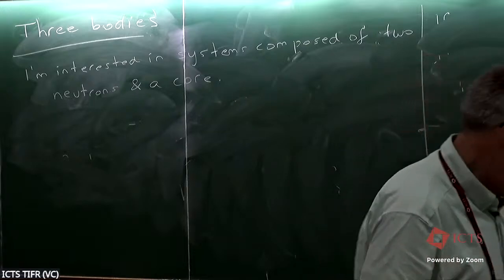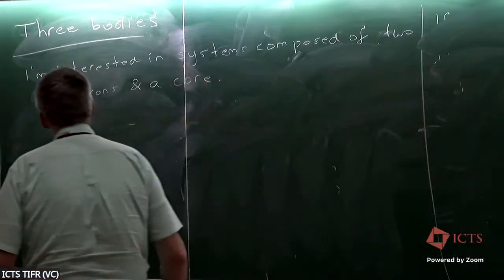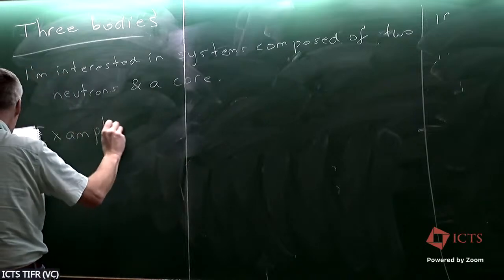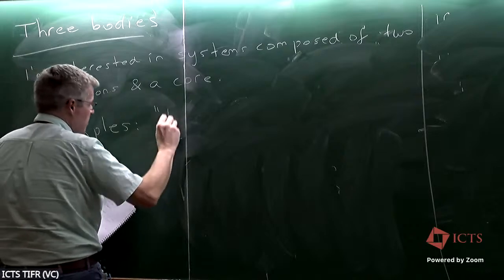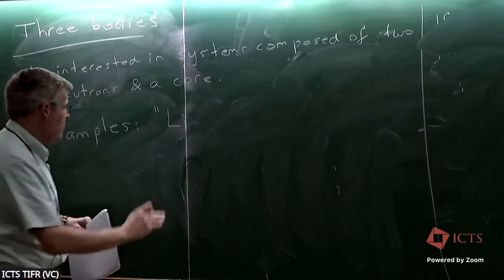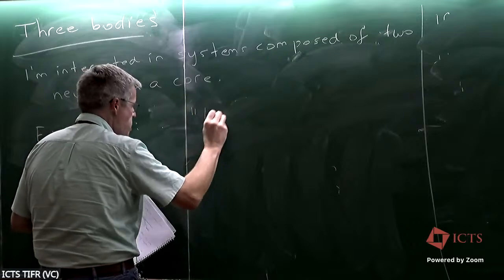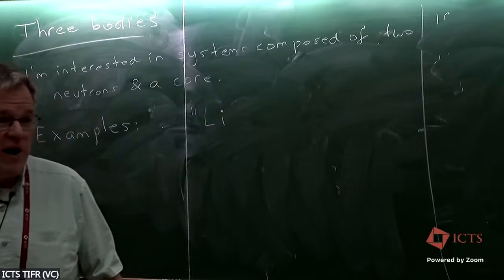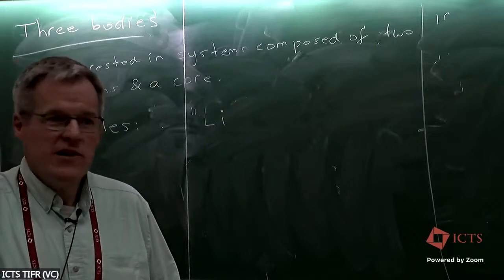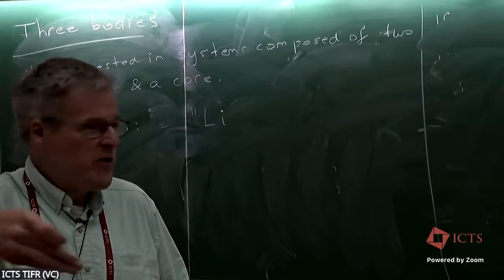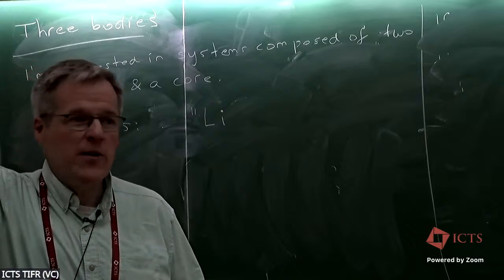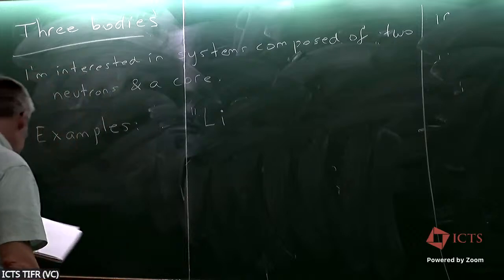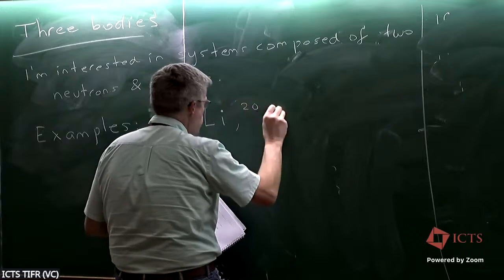What are some examples of this? Lithium-11, which is the first halo nucleus ever discovered, by the way. It was discovered by Tanihata et al. They were measuring the radii of different lithium isotopes. The radii went up nicely like A to the 1/3, and suddenly lithium-11 had a much larger radius than lithium-9. And we were like, well, that's interesting.